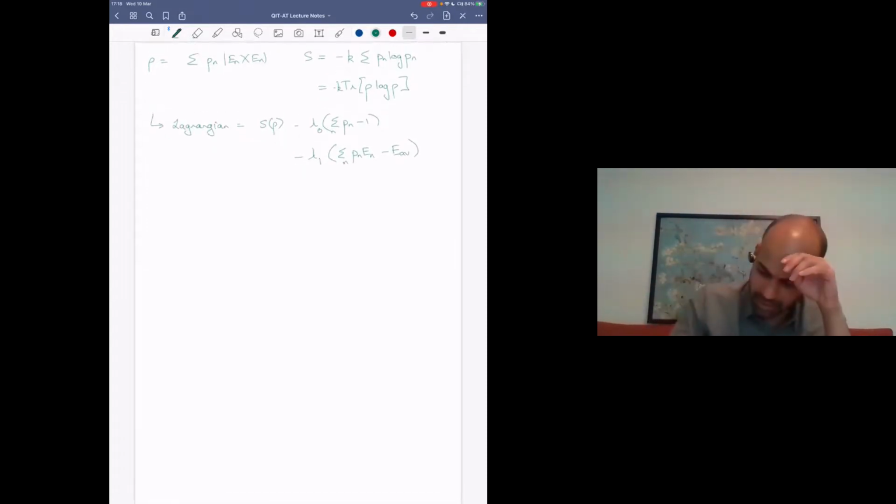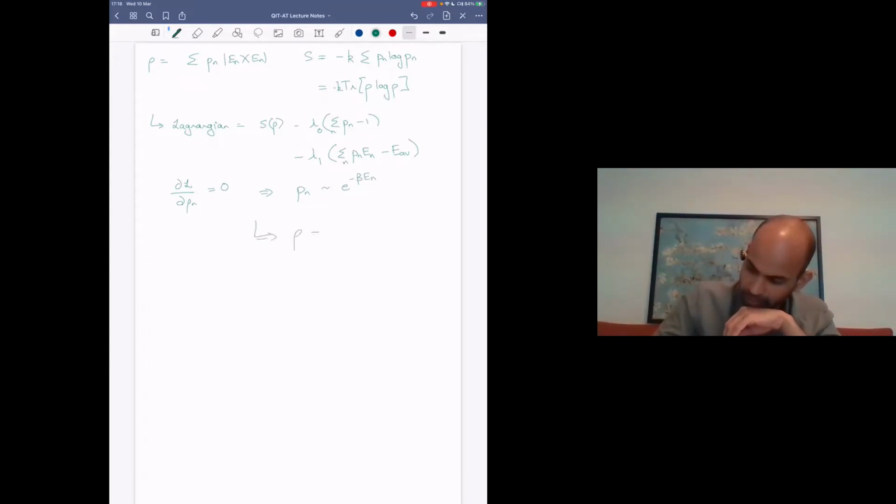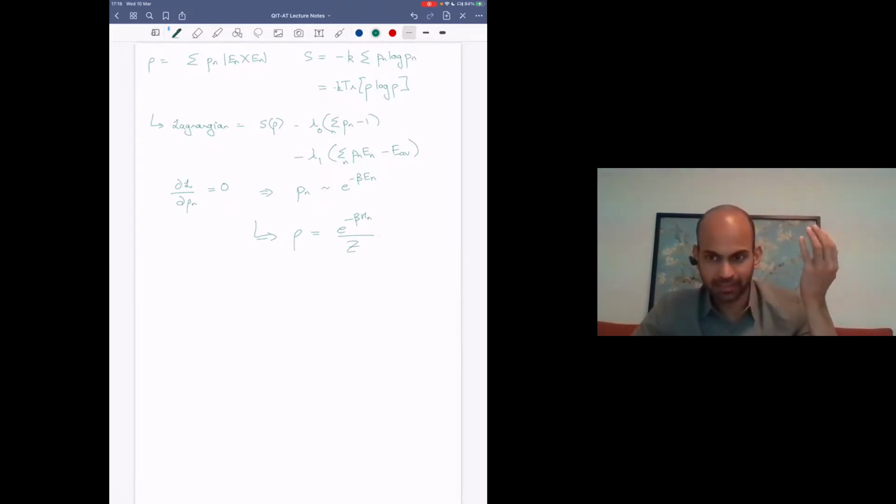If you differentiate this Lagrangian with respect to Pn and set it to 0, you will end up getting that Pn goes as the exponential of e to the minus some factor, which we might as well now call beta En, which gives us that rho is e to the minus beta H divided by Z. So what we've proven is that if I look at any state with a fixed average energy and find the state of maximum entropy, it gives me a thermal state.